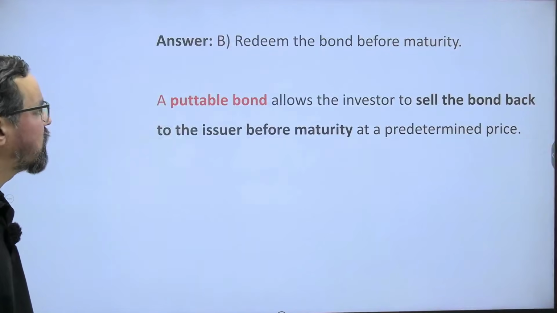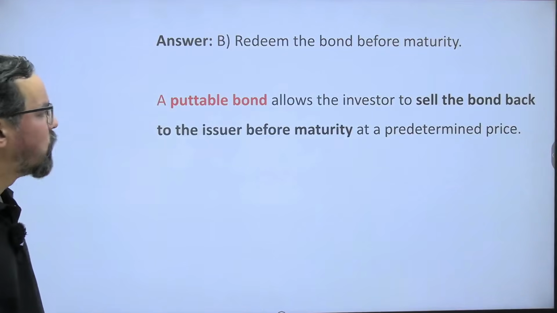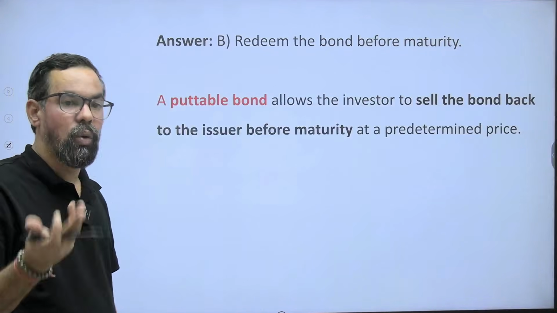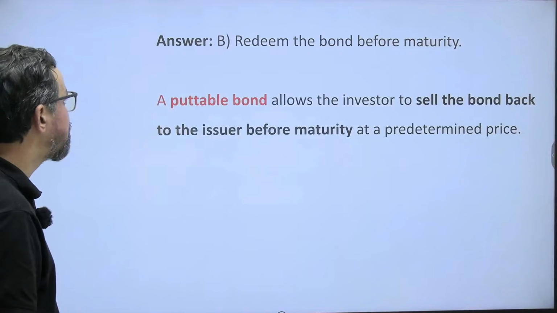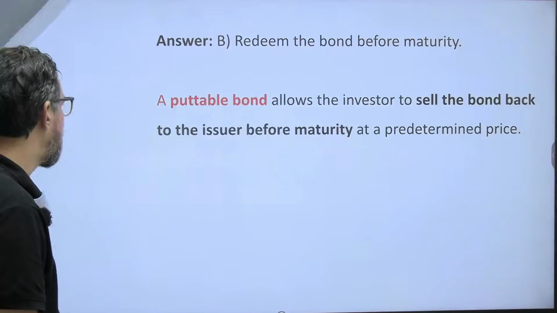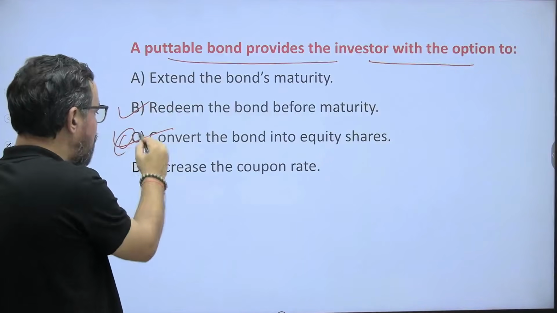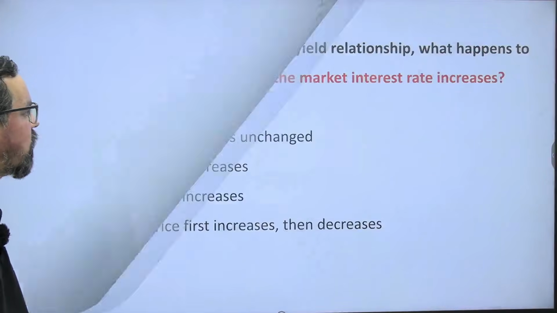So convert the bonds or redeem the bonds, actually. It is a puttable bond, so it gives the right to the investors, whoever is the holder of that particular bond. So it is mentioned as redeem. Redeem means buy back bonds before maturity. So the first thought was correct. Convert the bonds, that is convertible bonds. It is specifically exact to your content level.